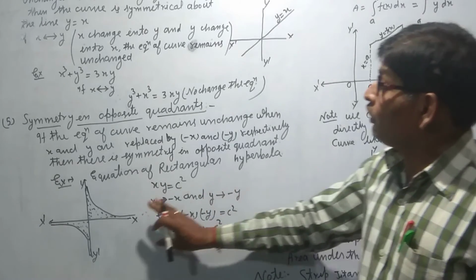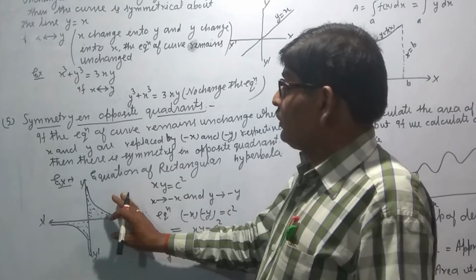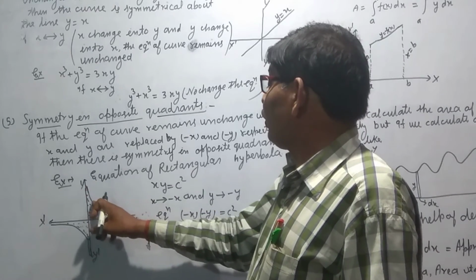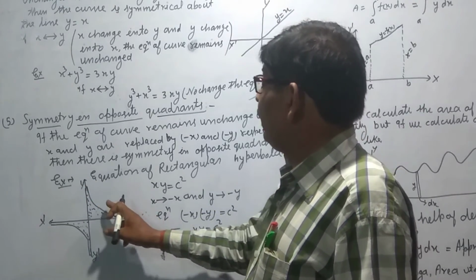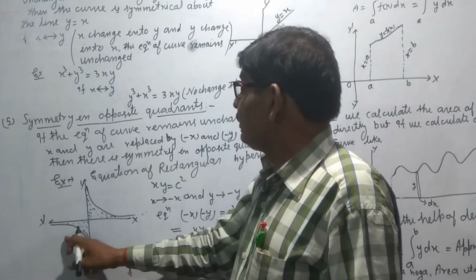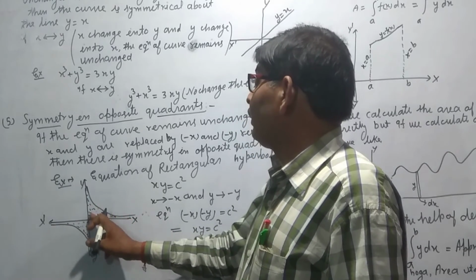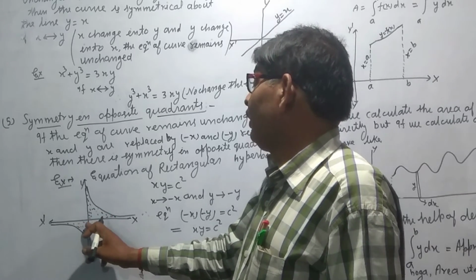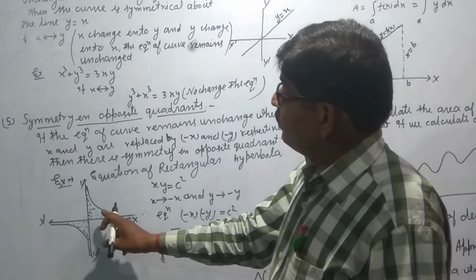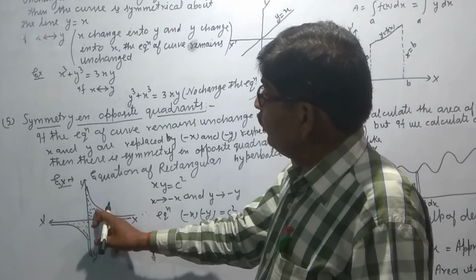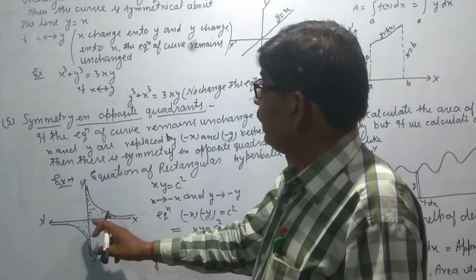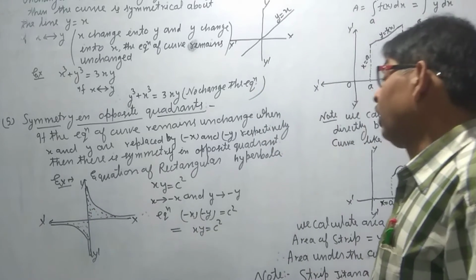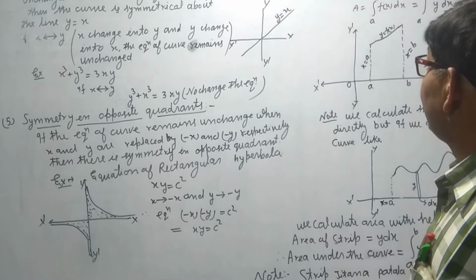So this curve is symmetrical about opposite quadrants. This is a curve, and opposite of this is this. If you calculate the area of this, it is the same as the area of this, so we only have to calculate one part and double it to get the total area under both curves.